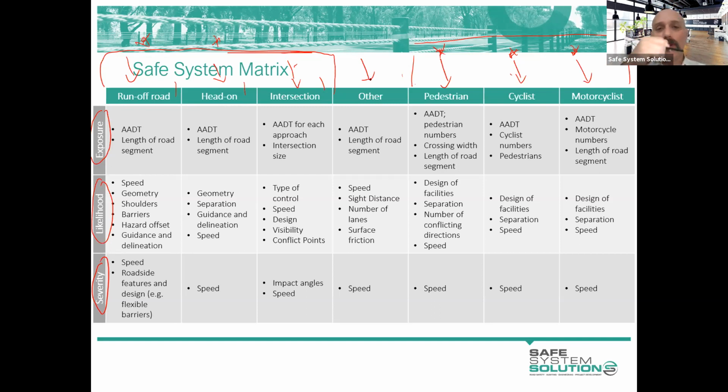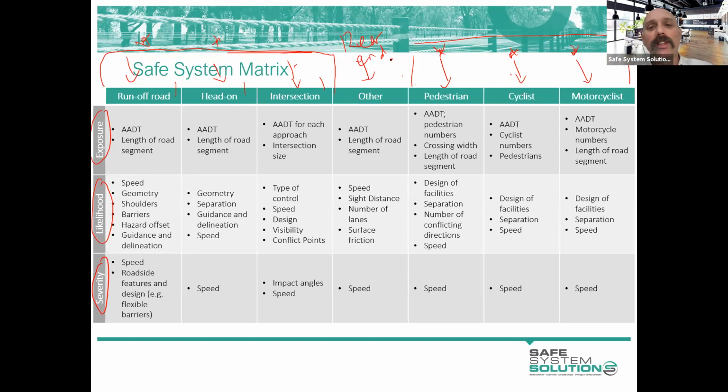So what you do in a safe system assessment is with the other, you tend to explain in your matrix what crash type you're talking about. So maybe you've got a particular worry about rear end, so you would write that in. So they're the crash types, the exposure, the likelihood and severity.